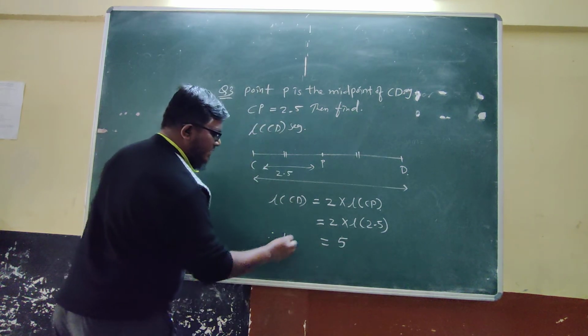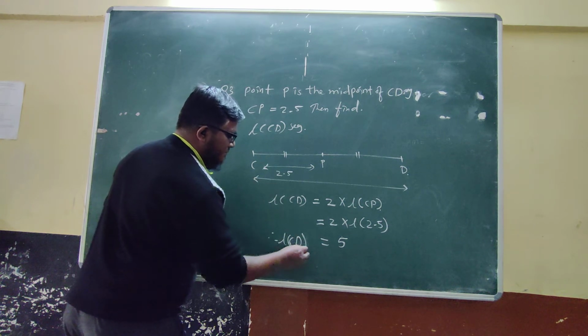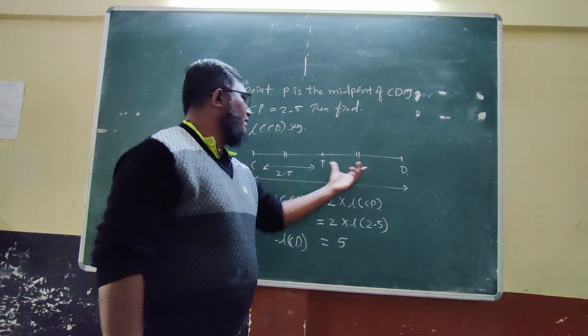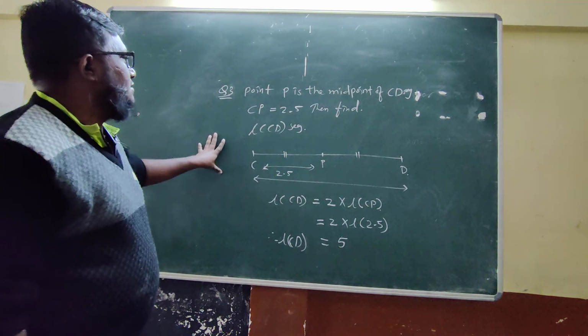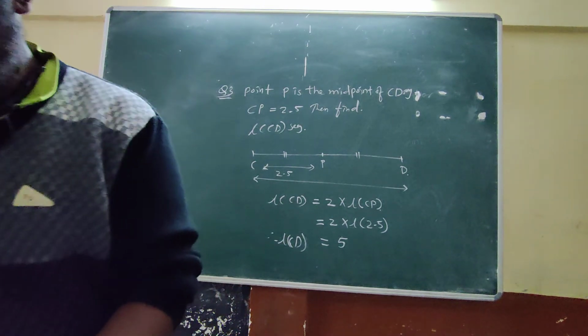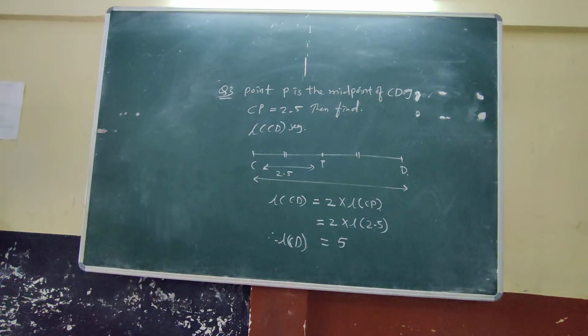Therefore, length of CD is 5. That means exactly double the length of CP. Now, we have to understand carefully and solve. Next, question number 4 that we are going to see.